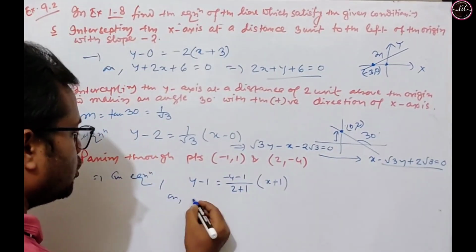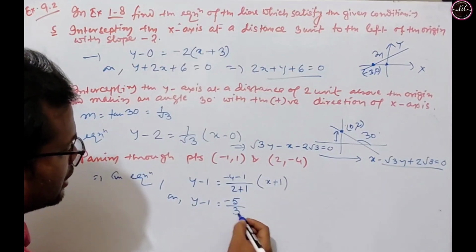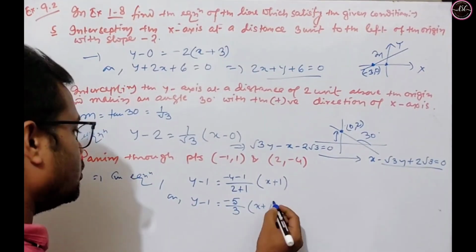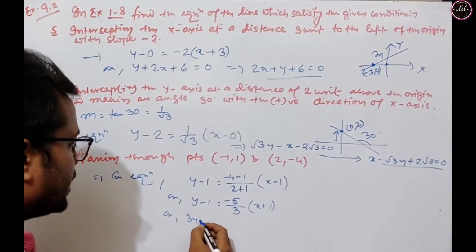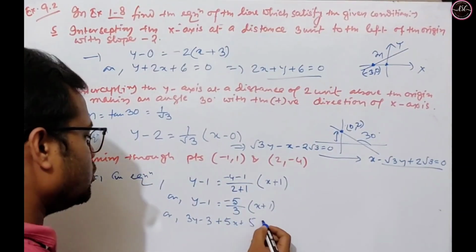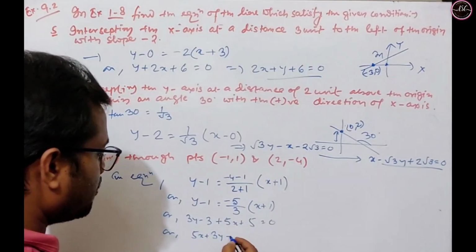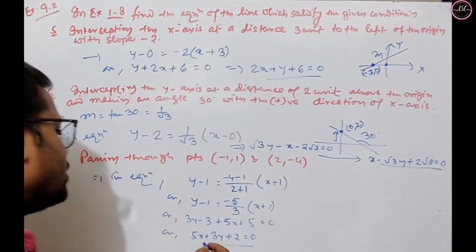So y minus 1 equal to minus 5 divided by 3 into (x plus 1). So it will be 3y minus 3 plus 5x plus 5 equal to 0, or 5x plus 3y plus 2 equal to 0. That will be your answer.